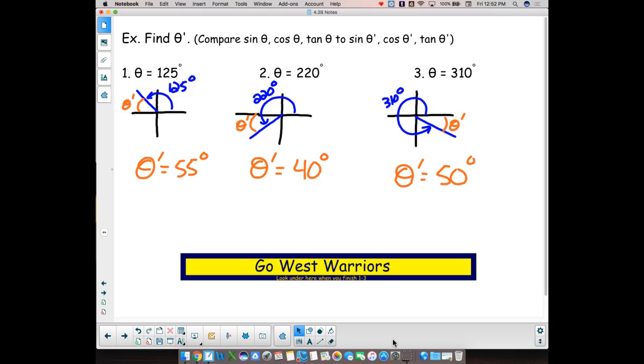The cosine of 220 degrees is the cosine of 40 degrees. The tangent of 310 degrees is the same as the tangent of 50 degrees. Okay?